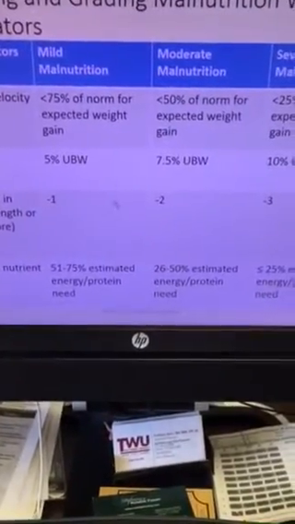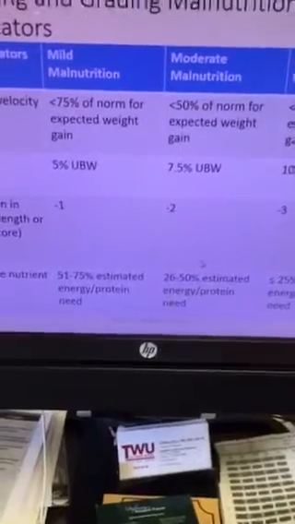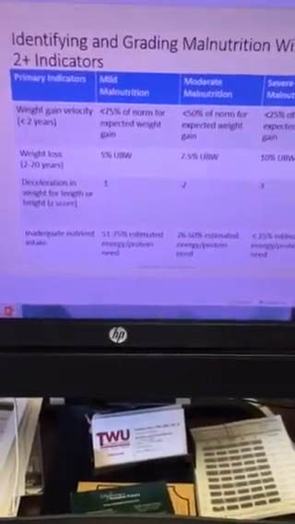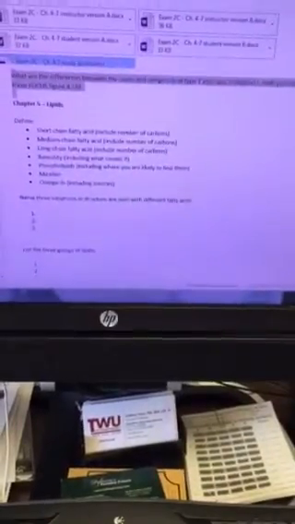So again, he's somewhere in the mild to moderately malnourished category. All right. The other thing, and I was just going to show you real quick, the WHO definition where he meets that criteria.